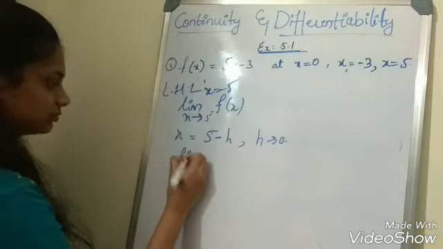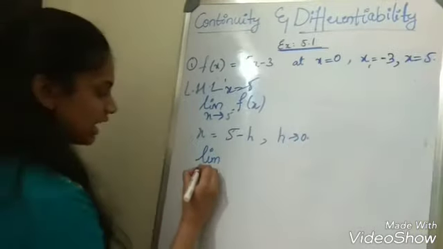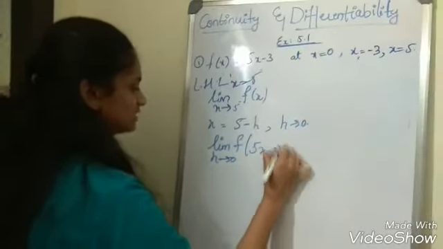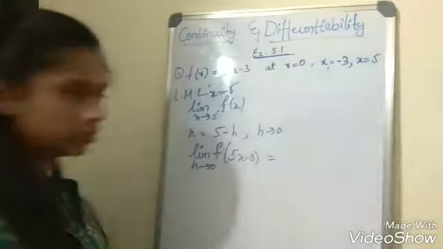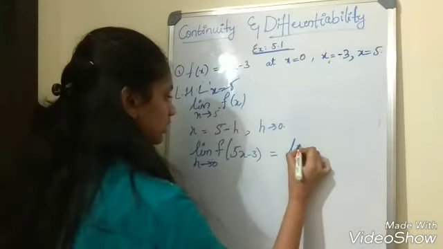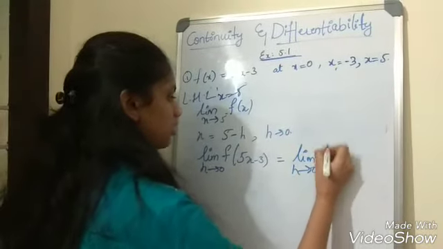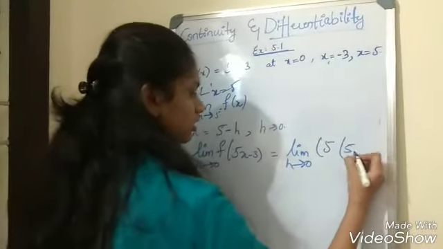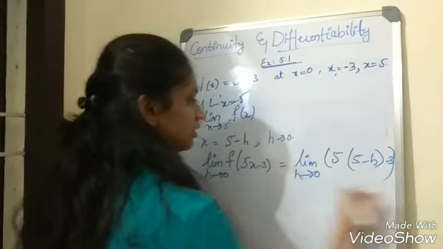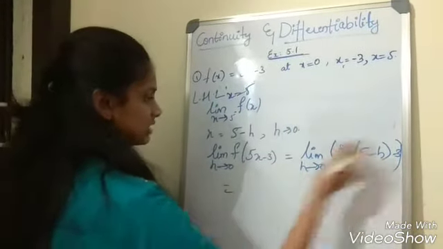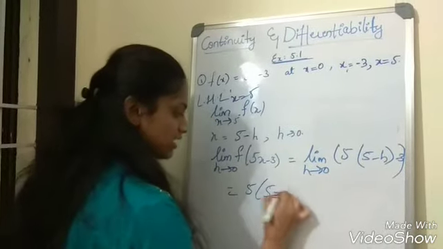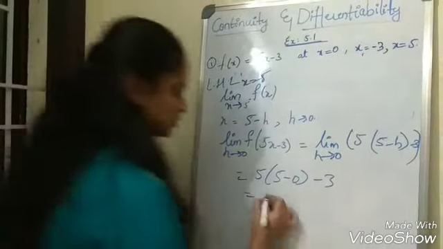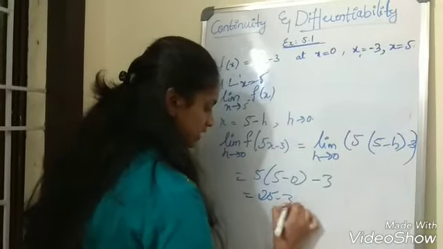Okay, then limit h tends to 0 f of 5x minus 3, which is equal to limit h tends to 0 5, the value of x is 5 minus h, minus 3. As the value of h is tending to 0, 5 into 5 minus 0 minus 3, which is equal to 5 into 5 is 25 minus 3, which is 22.